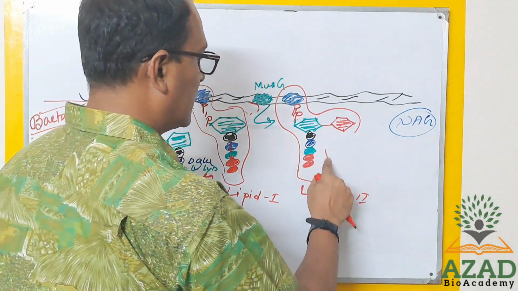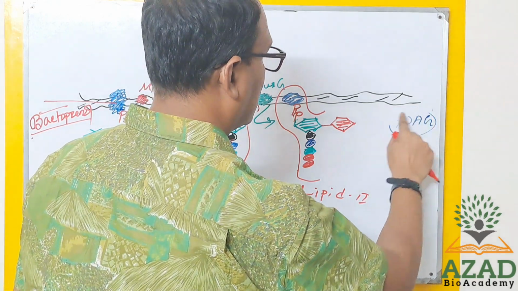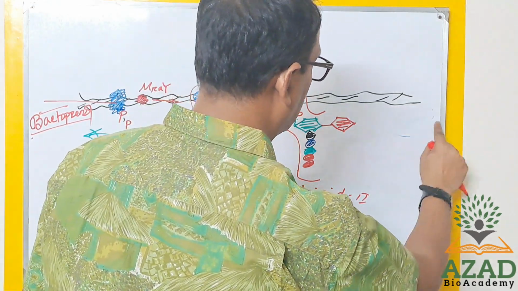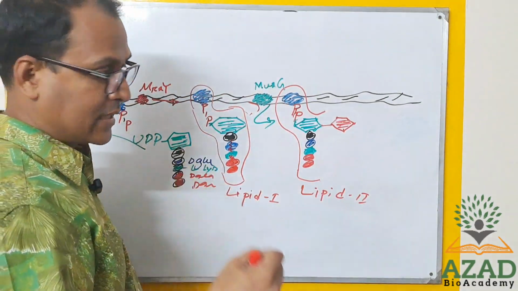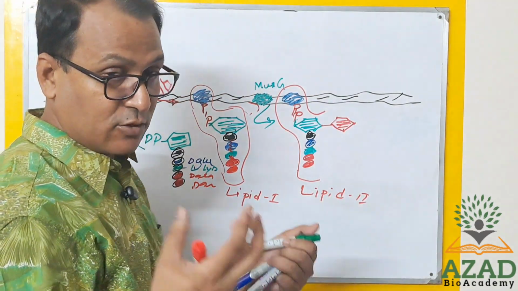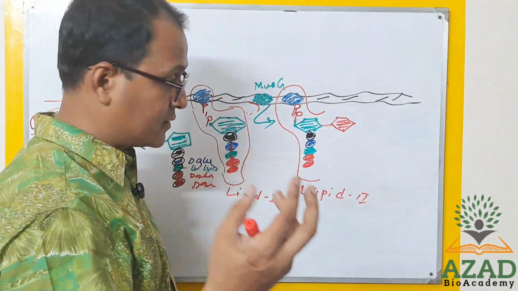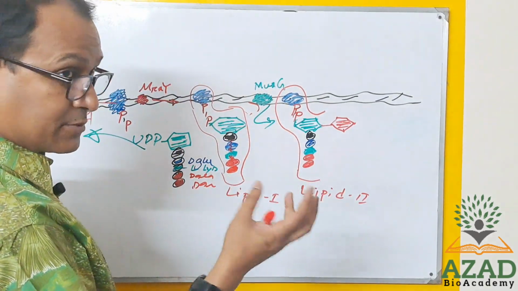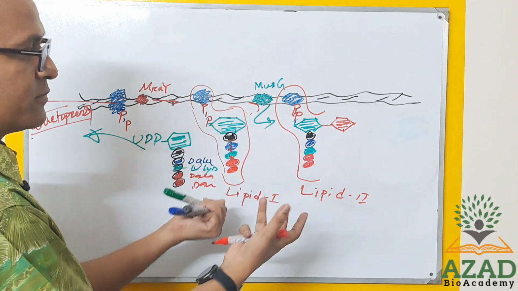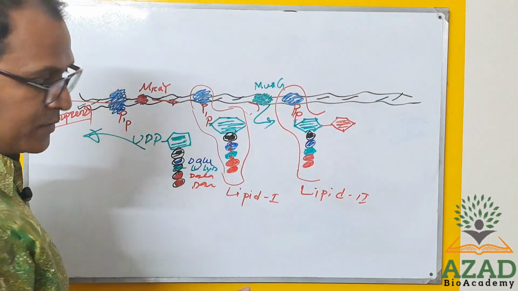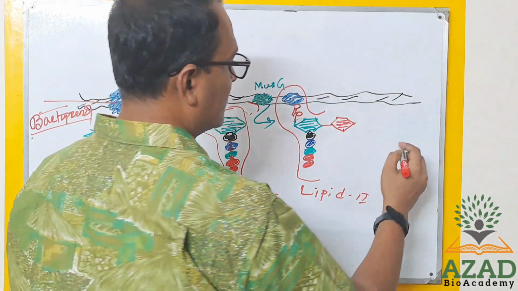So here you can consider a special type of bacteria, Staphylococcus aureus, that will carry pentaglycine. But E. coli does not have any pentaglycine. Okay, I will explain later what the function of pentaglycine is, and how peptidoglycan forms without pentaglycine. Now some enzymes will work here.